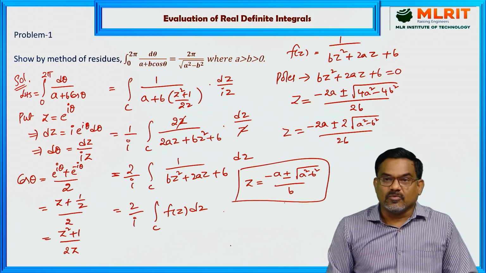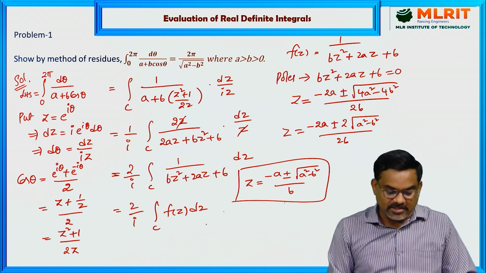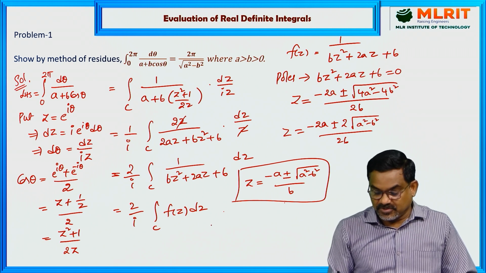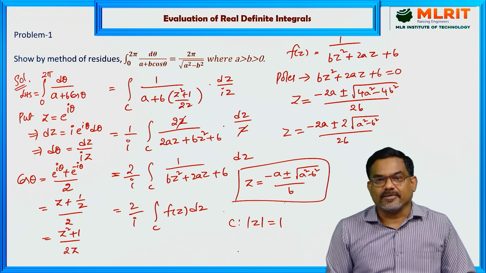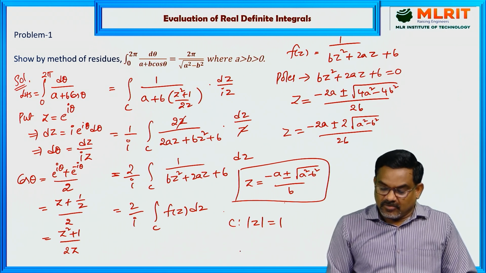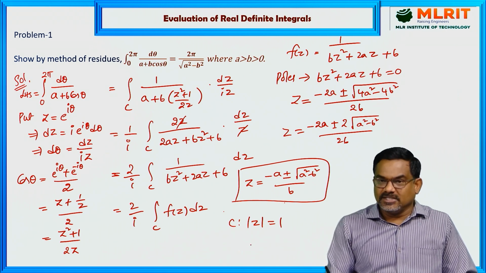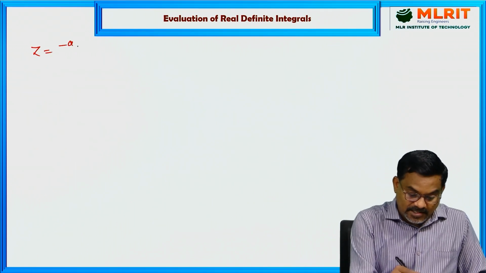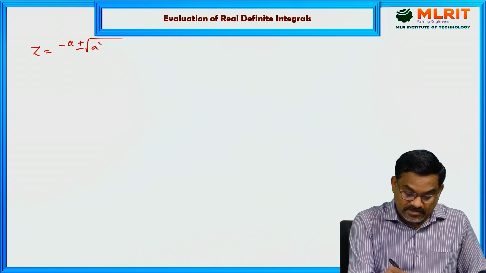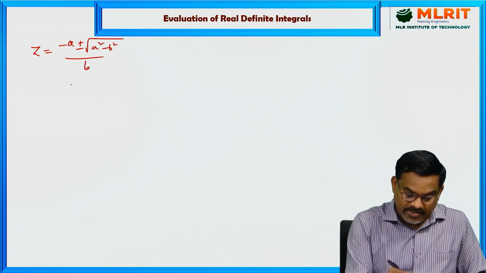And here we are using the unit circle mod z equal to 1. So C is the unit circle mod z equal to 1. Now we need to identify which pole is inside this curve and which is outside the curve. So here z is minus a plus or minus root a square minus b square by b.